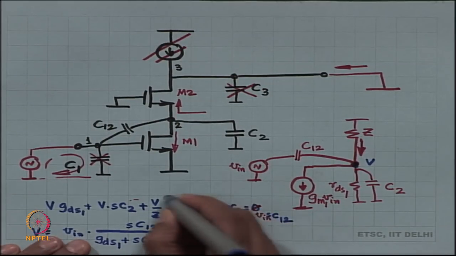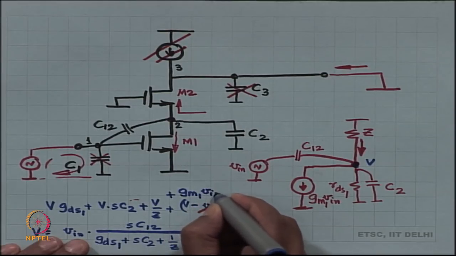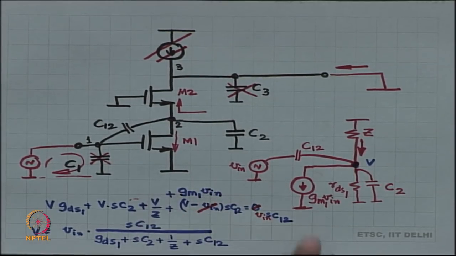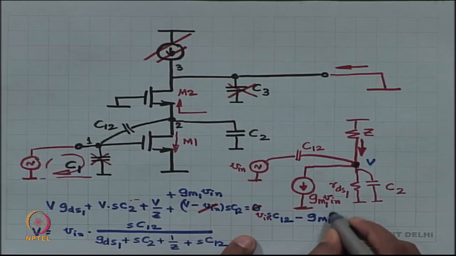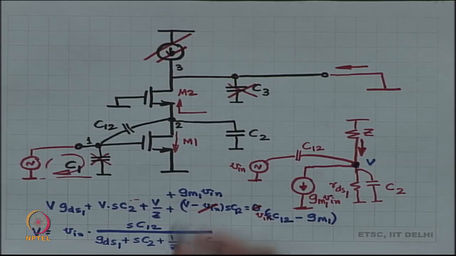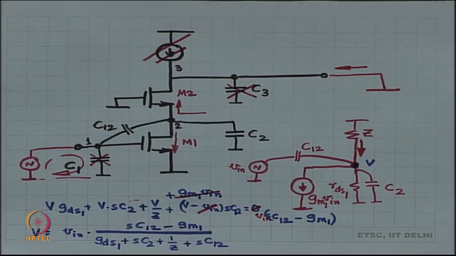Thank you for pointing out there was a major error. Okay, so GM1 goes to the other side. So, this becomes minus. Fine.